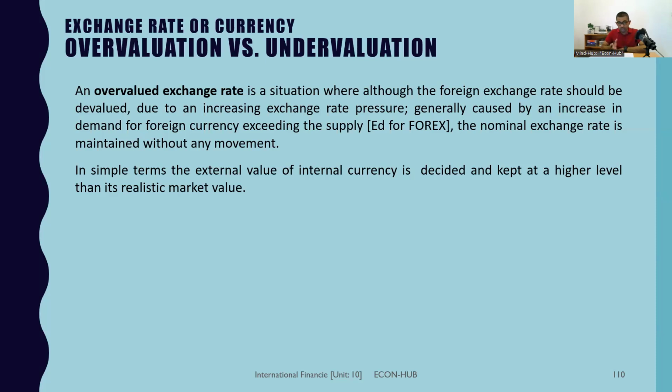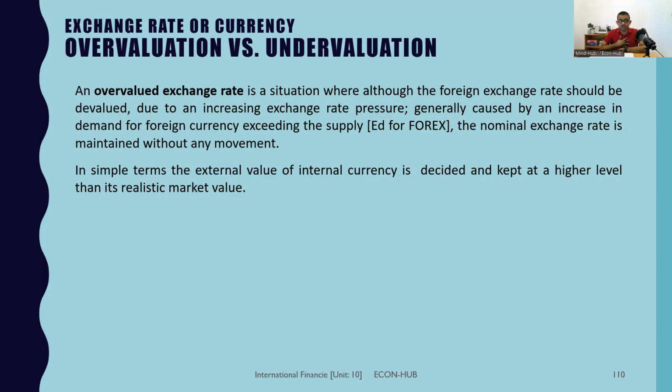get overvalued or undervalued. Overvaluation is where the exchange rate, because of the high demand for foreign currency and the less supply of foreign currency, should be devalued, brought down. But the government, the central bank, for certain reasons, will hold on to this exchange rate without letting it go down, which means it leads to an overvaluation.